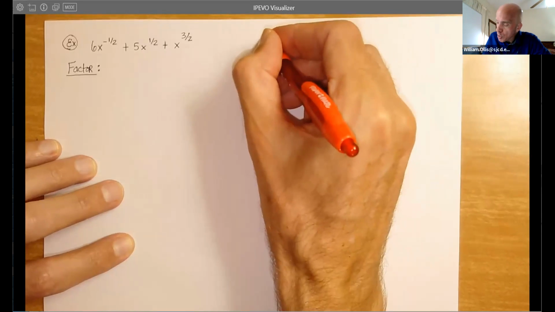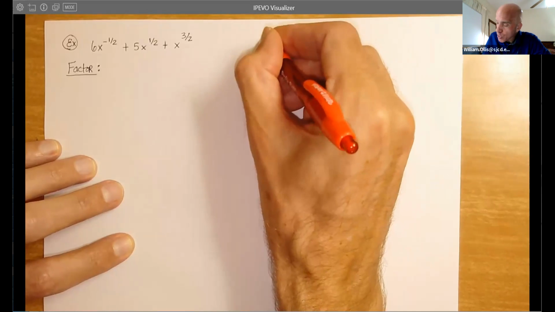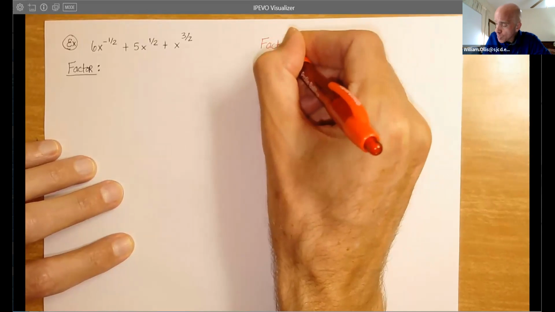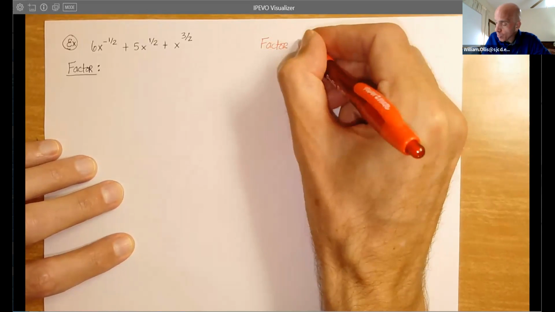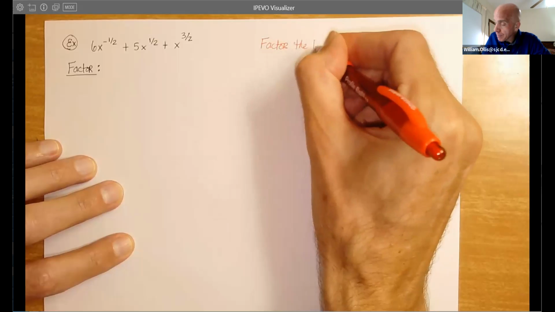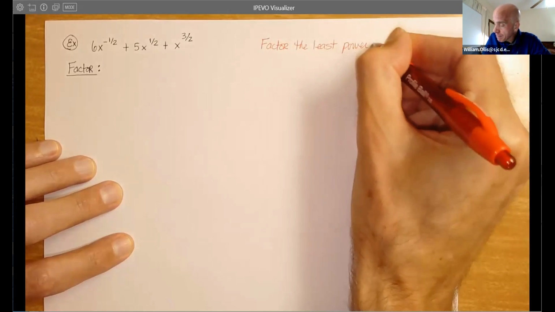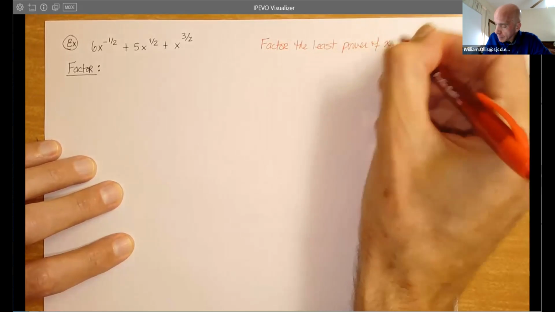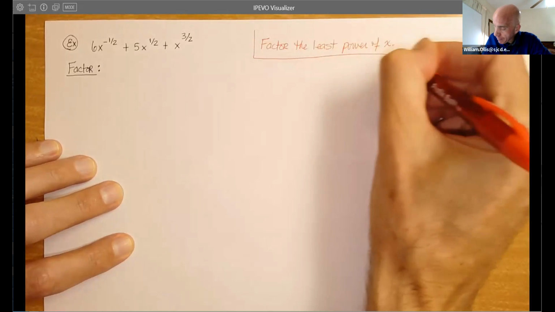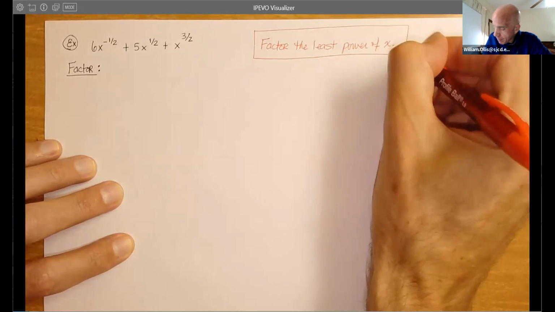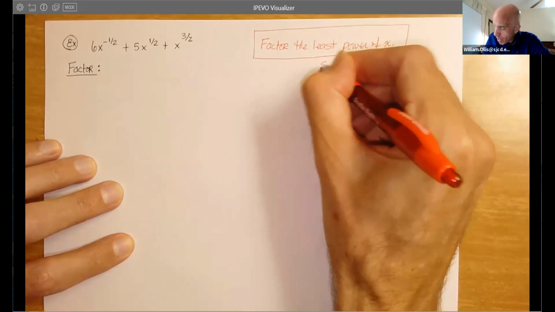So to start this problem, we're going to factor. Here's the technique. You'll use this later. The least power of x. That's the strategy. So this is the strategy.